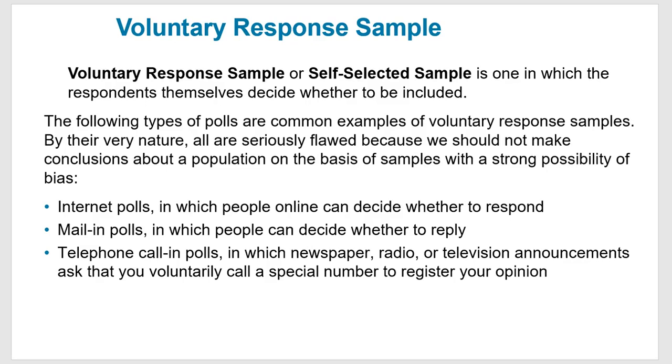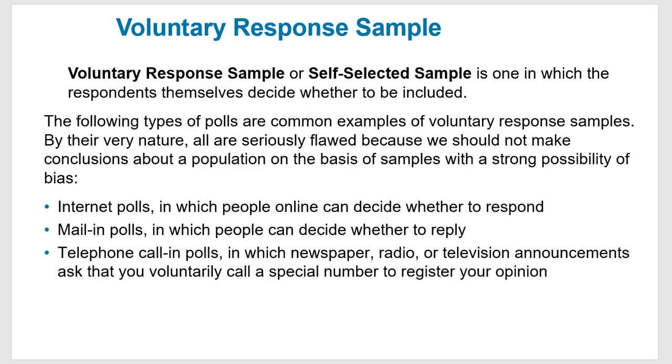So you just have to be careful about that. You want to make sure you get lots of different types. Like if you send out a poll via the internet, like a spam email to a bunch of people, people will decide whether they're going to reply or not. Most people will just delete and throw it away. Mail-in polls, same thing. If it's junk mail, they're going to throw it away.